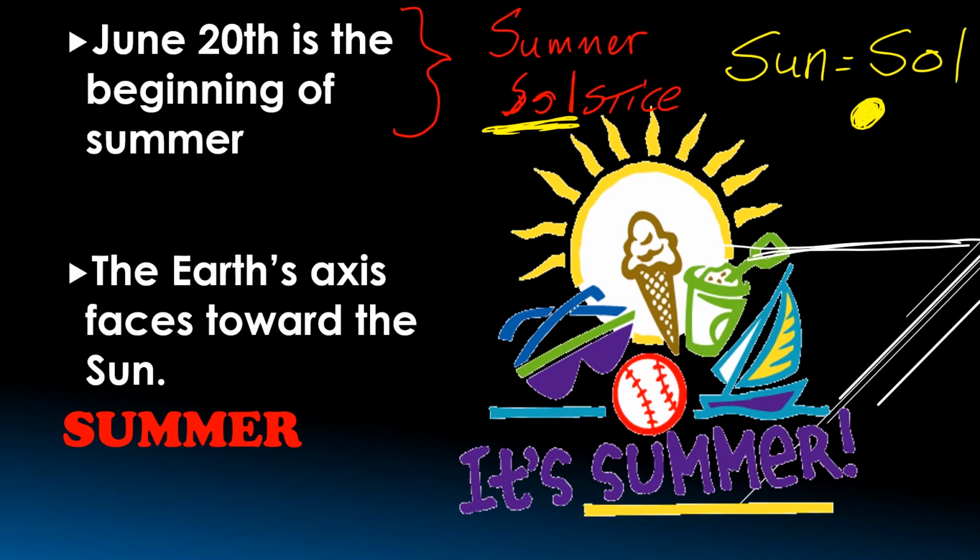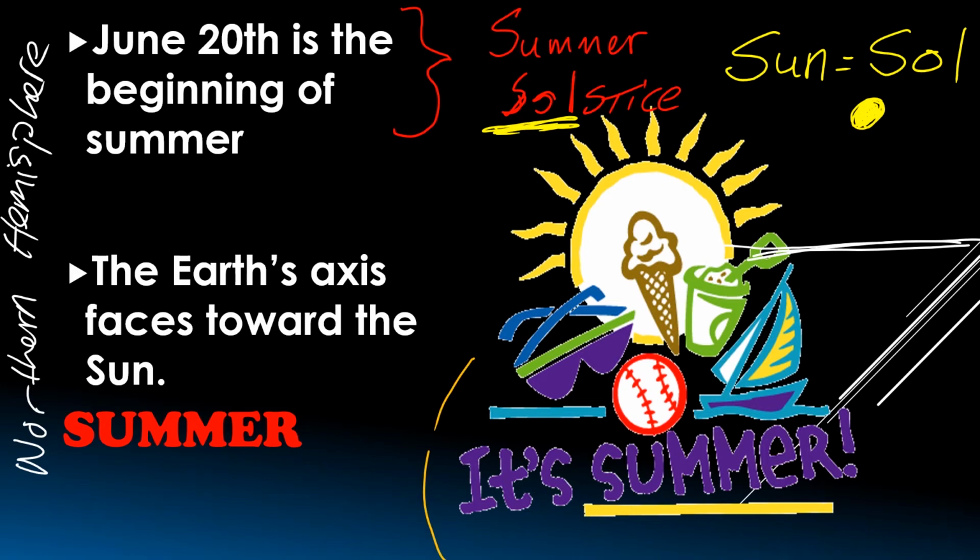Because of the Earth's axis, and keep in mind, this is all relative to the northern hemisphere. It's going to be the exact opposite in the southern hemisphere. So during the summer solstice, the Earth's axis is facing towards the sun. So if I were drawing a little terrible sun right here, and an equally terrible Earth, oh, that is bad.